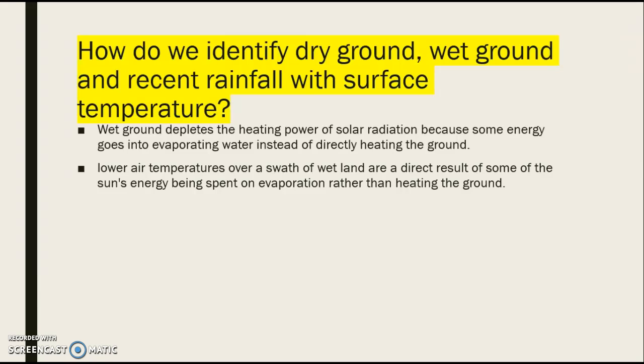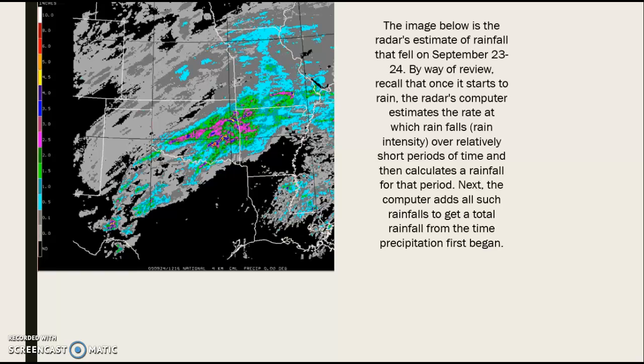So we can deduce from this information that if you are getting infrared scans from an area that you know has had a storm go through, maybe some certain clouds, and you're seeing lower temperatures there, you can easily tell that there has been rainfall or snow or something like that. So in this image, what we're seeing is the estimated rainfall of a short period of time.